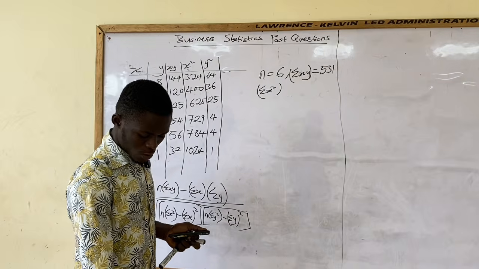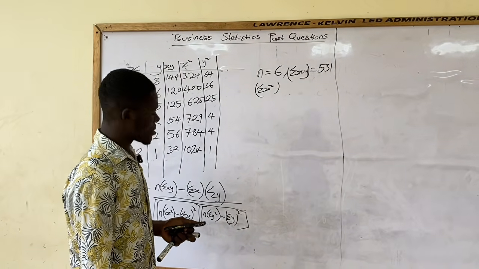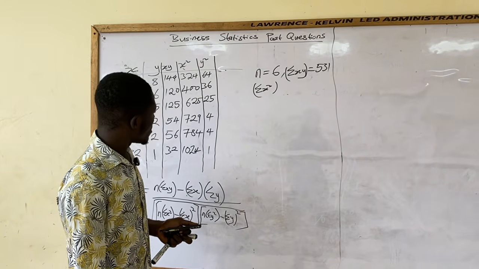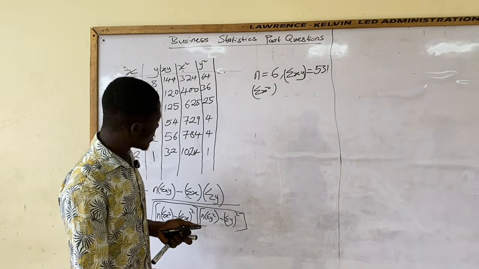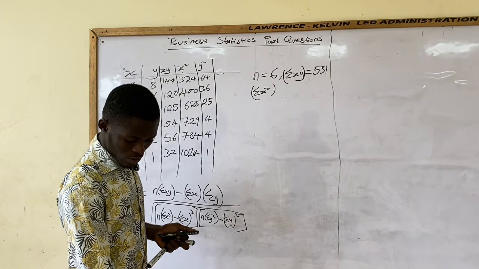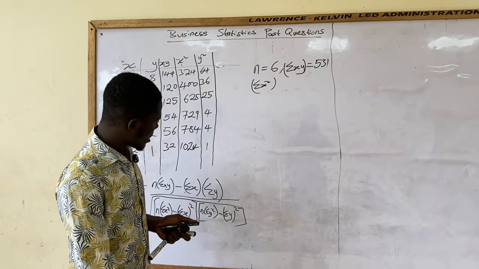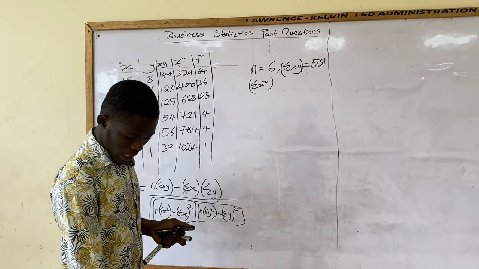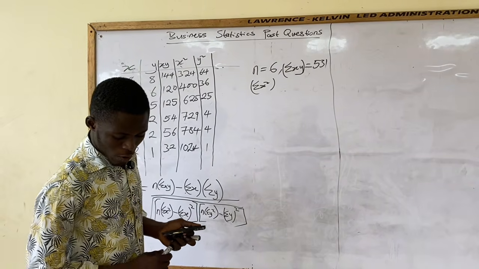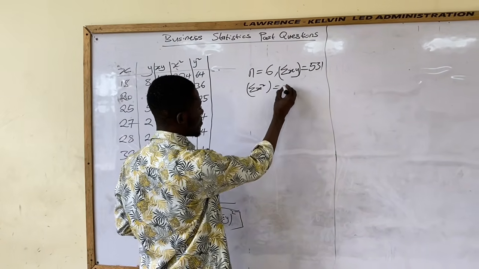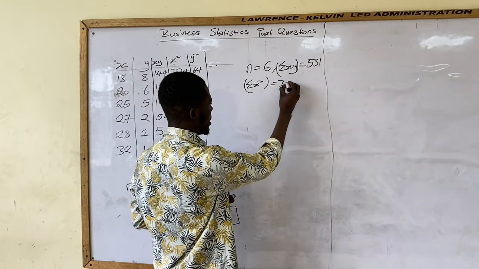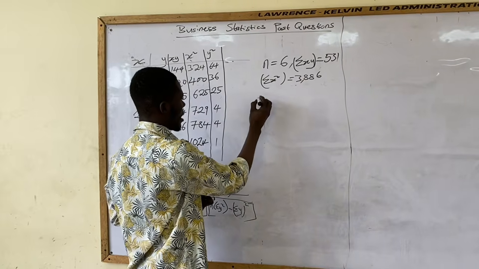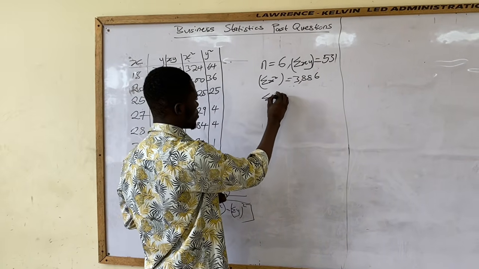We have 324 plus 400 plus 625 plus 729 plus 784 plus 1024. So when we sum the whole of this, our sigma s squared will give us 3,886.